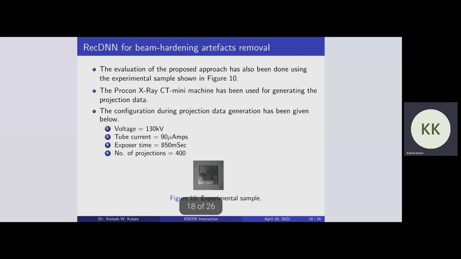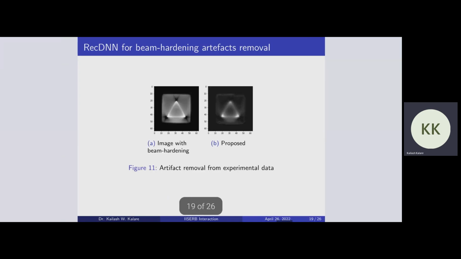So this particular object is passed through this X-ray machine, which is a mini machine available at IIT Kanpur, and this is the configuration used while reconstructing this image. So that was the image given by the proposed method after removing the beam hardening artifacts.